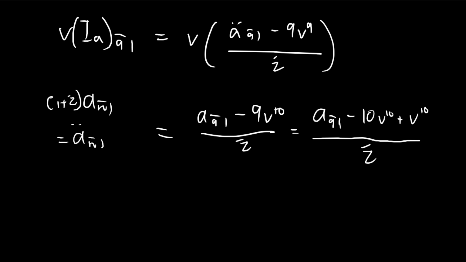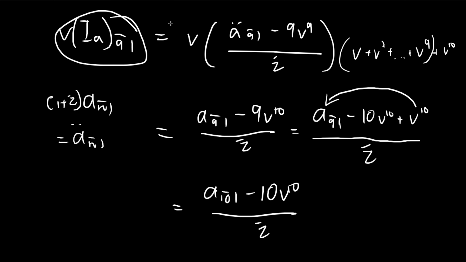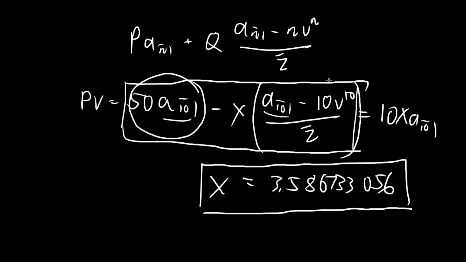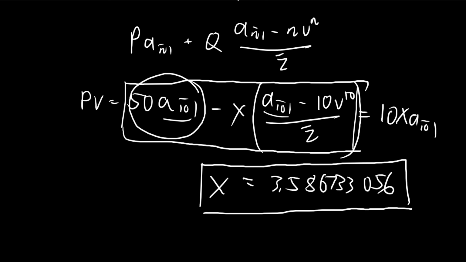I can actually combine this term into here, because a9 is just an annuity immediate, so the payment is equal to v plus v squared all the way to v9. If I add a v10, this part here is a9, and this becomes a10. So this becomes a10 minus 10 v to the power 10 divided by i. You can see that v(IA)9 is exactly equal to this expression here. So there we have it. I've shown you algebraically that both of these expressions are equivalent.